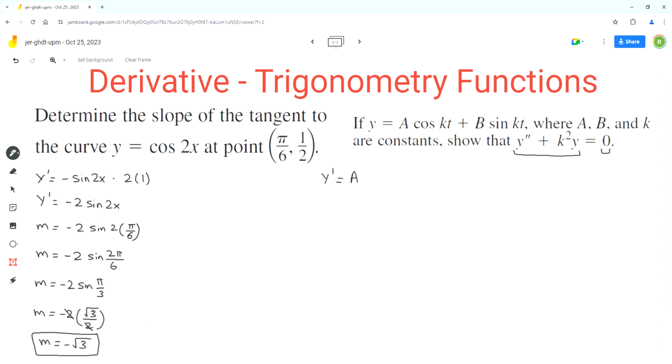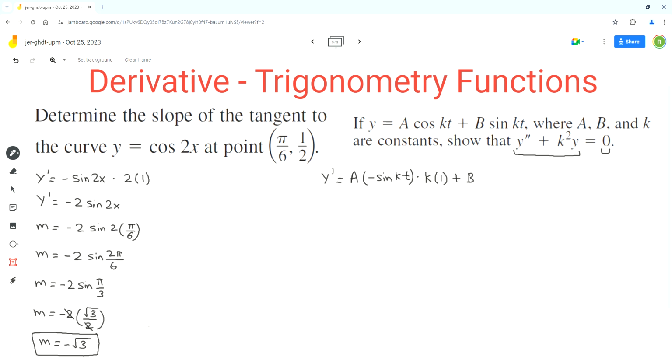So the derivative of the outer function cos is negative sine kt, times the derivative of the inner function, and the derivative of kt will be k times 1. Plus, now in the second term, b is the coefficient, so it will stay as it is.